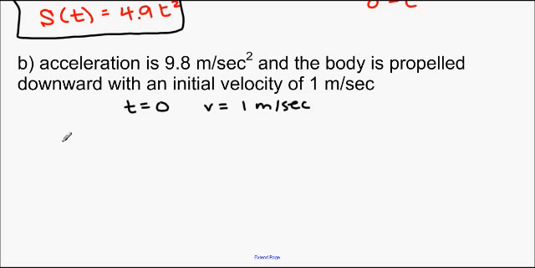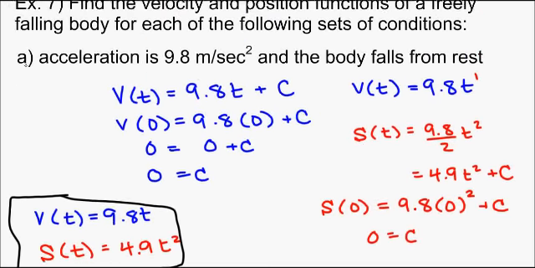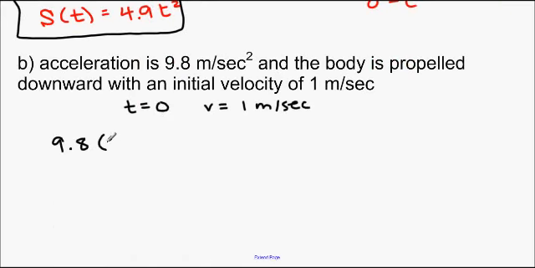So plugging back in, 9.8 times t is 0 plus c is now going to equal 1. That goes away, and I get c equals 1.